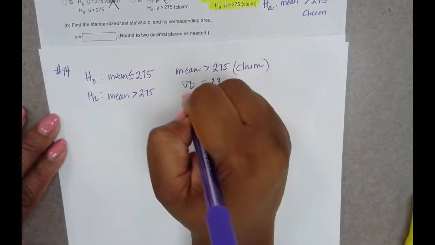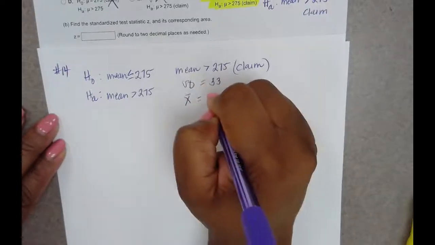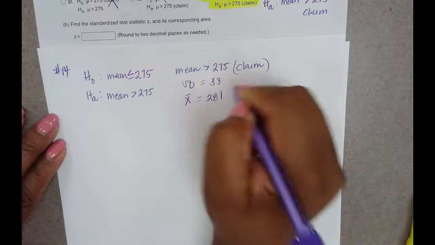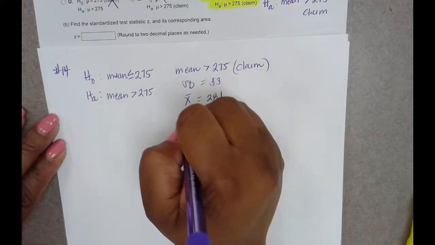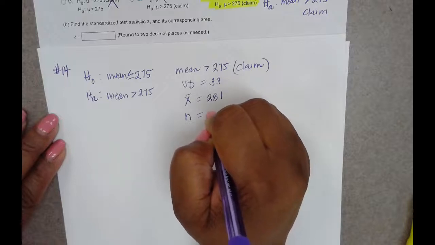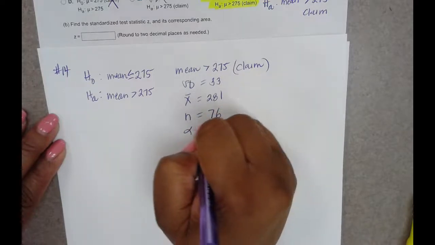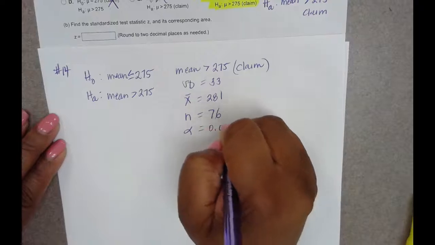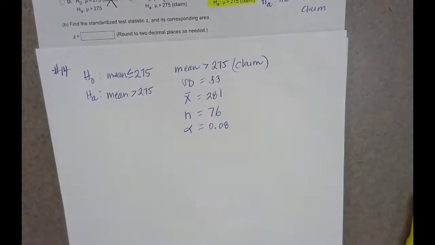We have a sample mean of 281. We have a sample size of 76 and a level of significance at 8%. So I'm just recapping what we know. Alright.